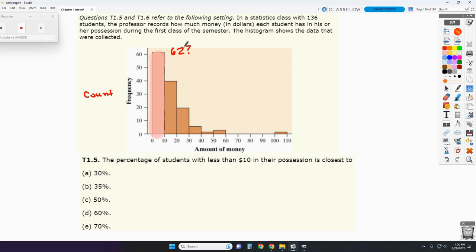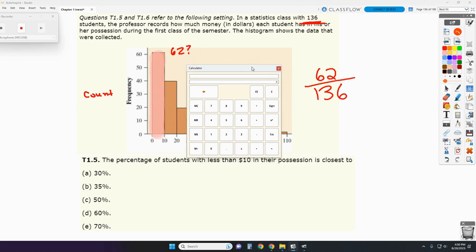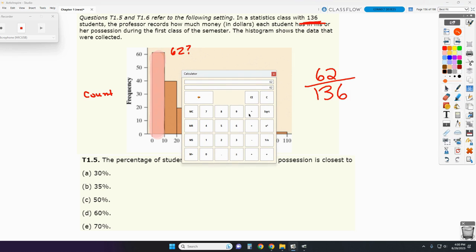We're saying there's about 62 students out of all 136 students that have less than $10. So if we were to take 62 or 61 or 60-ish, somewhere in there, and divide it by 136. Where's my handy dandy calculator? 62 divided by 136 is about 45.5%.